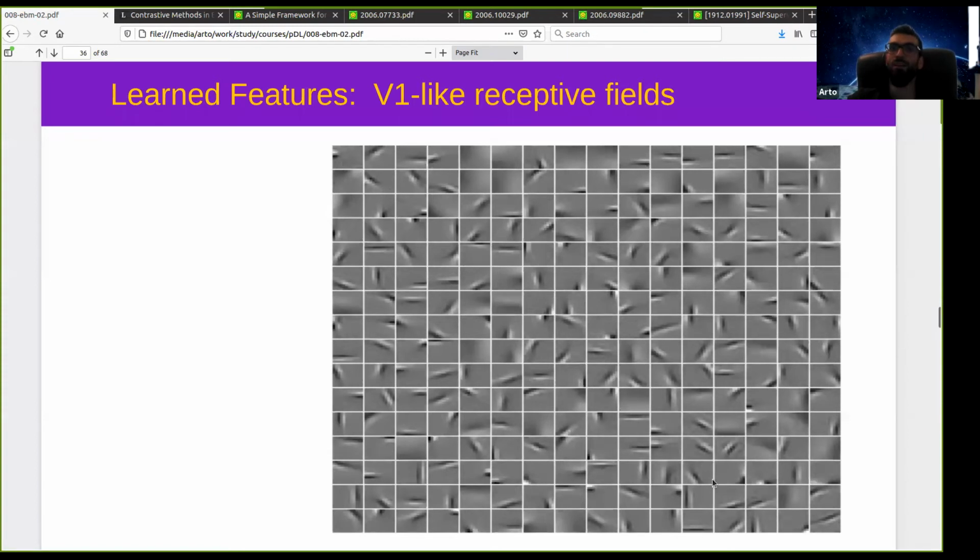So with this sparse coding approach, we get filters which are very similar to those found in human brains. That's pretty interesting.